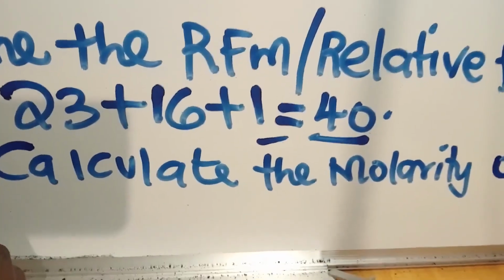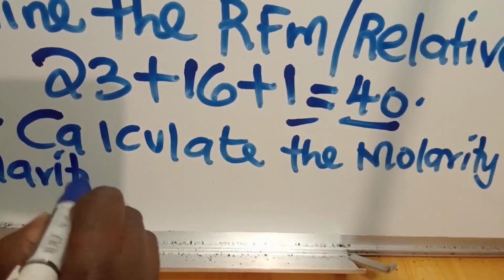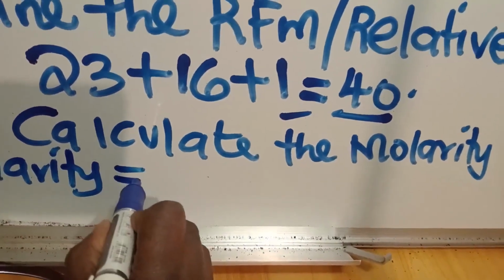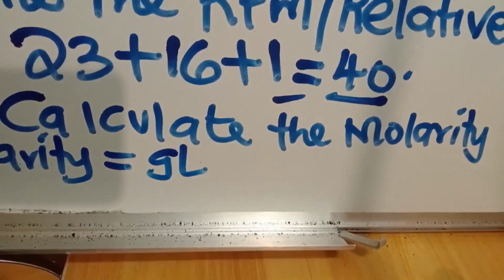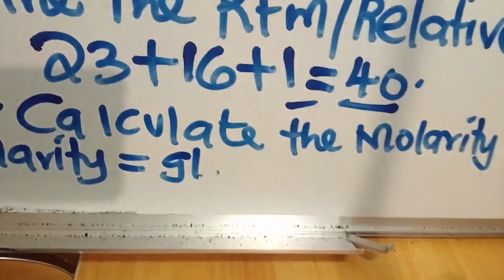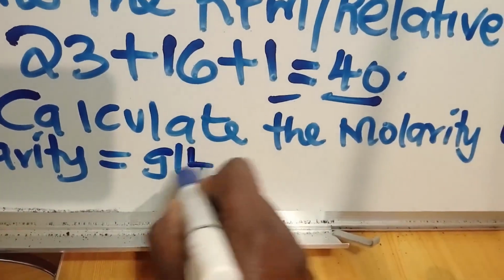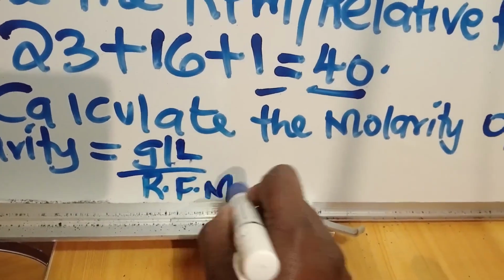And there we use this formula that molarity is equal to gram per liter all over RFM.